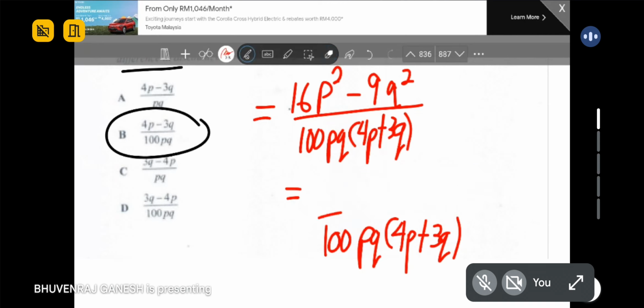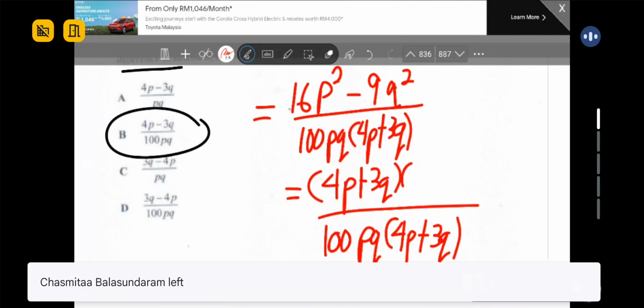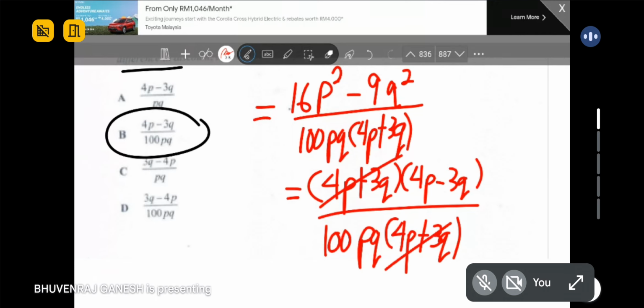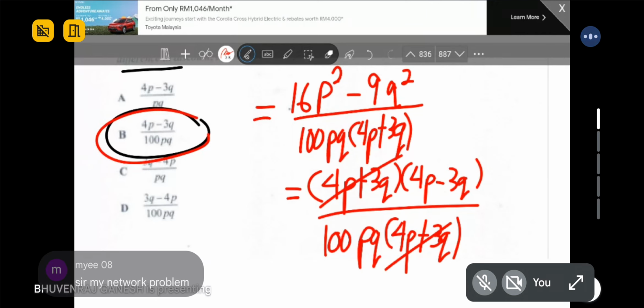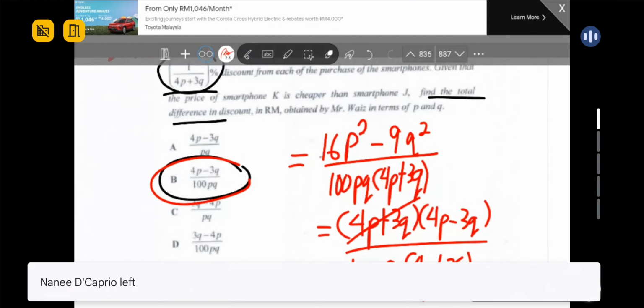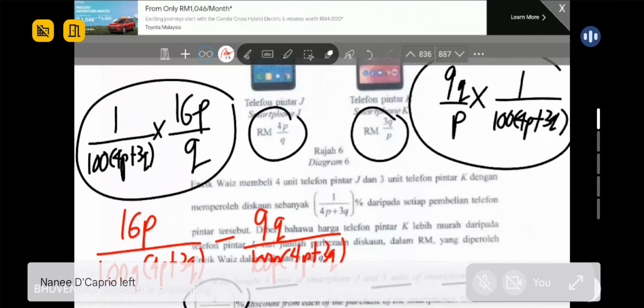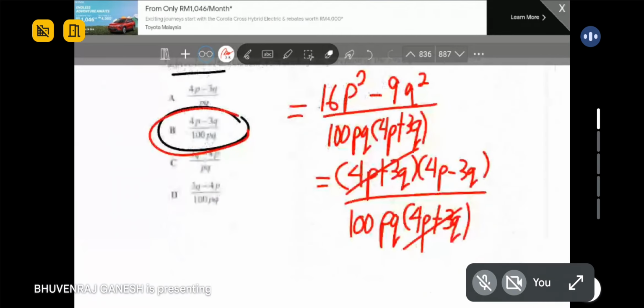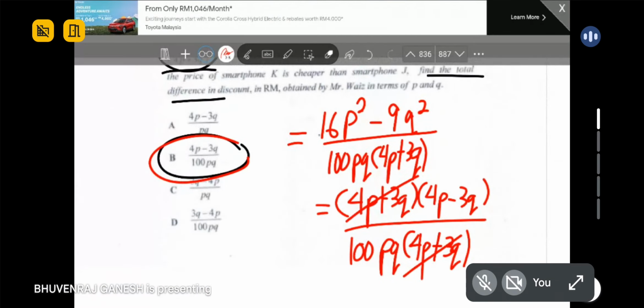Wah, I'm confused too. 4P plus 3Q, 4P minus 3Q. So cancel out, your answer is B, guys. Okay, clear? Do you get the concept? So 4P minus 3Q over 100PQ. Understand this question, guys? You must just be careful with algebra. That's all. Then you will get the answer.